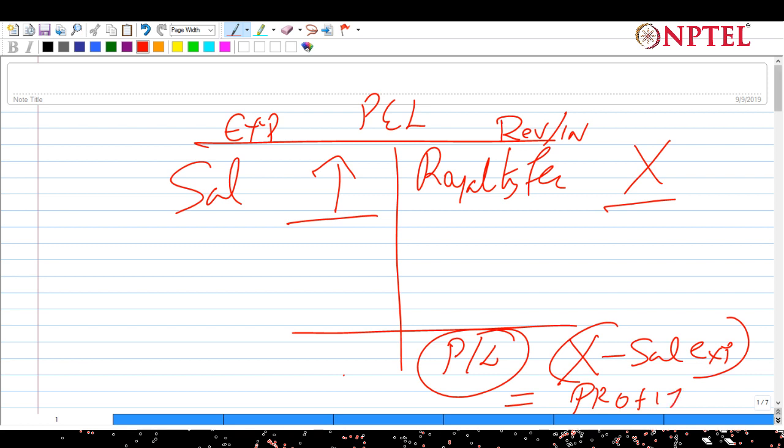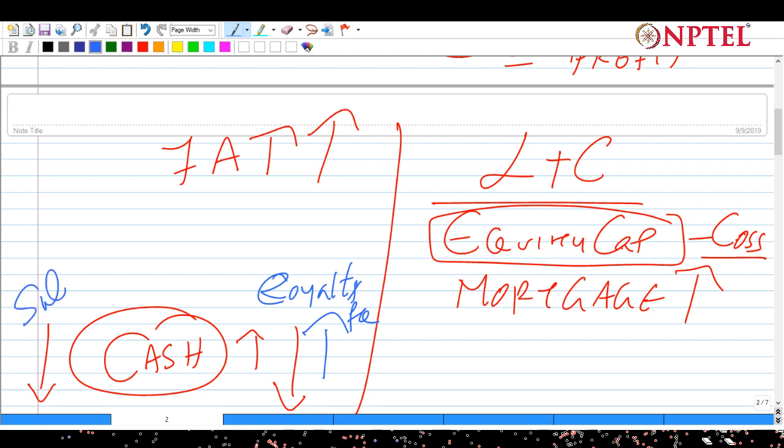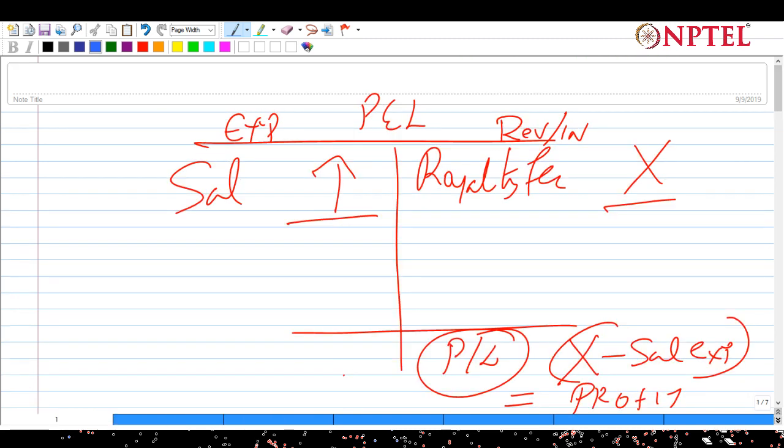Now what happens? The moment you have received a consulting or royalty fee, your cash balance has increased by that fee. But at the same time, you have paid some amount for salaries, so it has increased by the net amount. That net amount, income minus expenditure, is the profit.